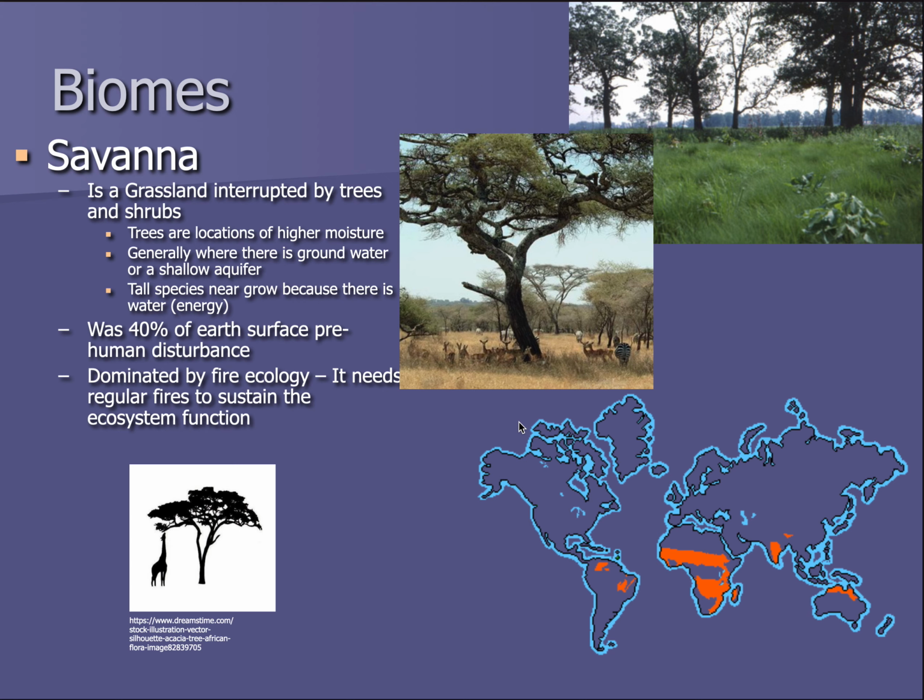If fire isn't permitted in these landscapes, then not only are we creating old forests and old grasslands that are kind of geriatric, they require lots and lots of energy to survive, and there's not enough energy in the nutrient form for them because the fire's not putting it into an accessible nutrient mechanism. So you need that fire to be that delivery mechanism for that. So this is the savanna.